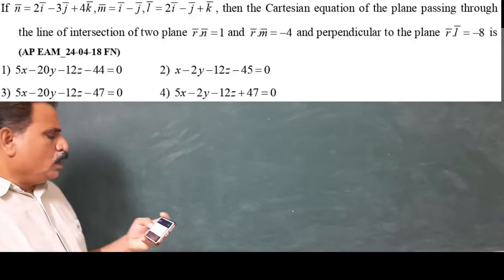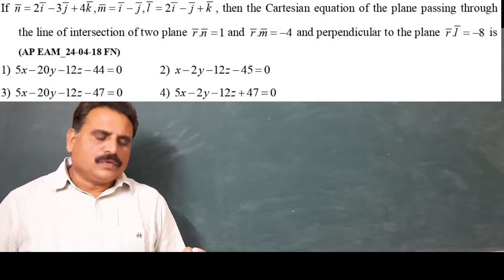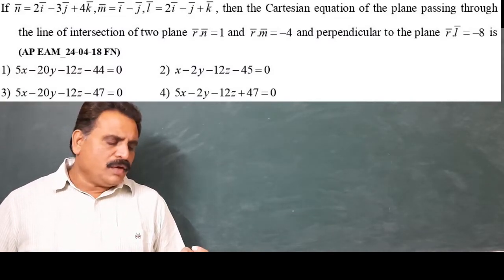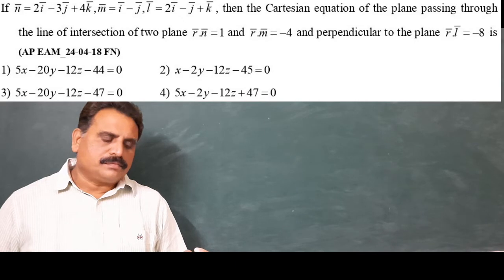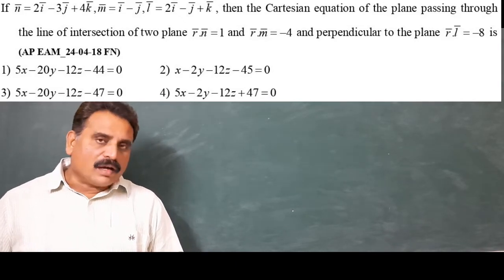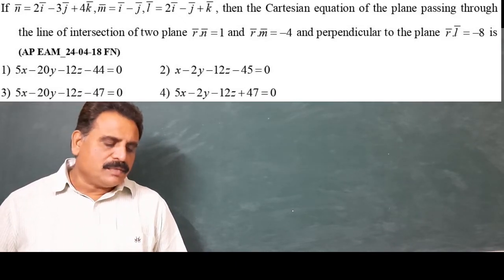N bar equal to 2I bar minus 3J bar plus 4K bar. M bar equal to I bar minus J bar. L bar equal to 2I bar minus J bar plus K bar.